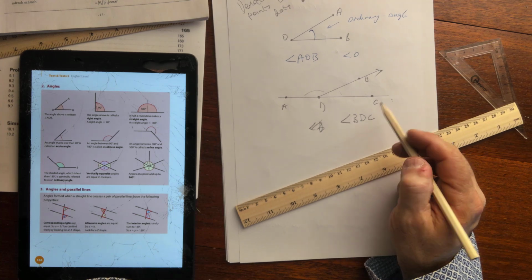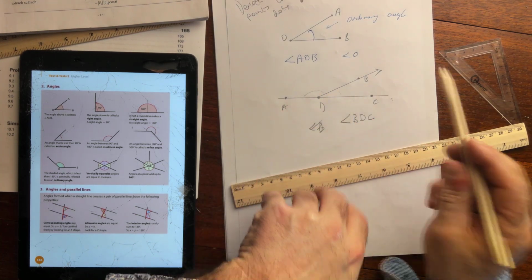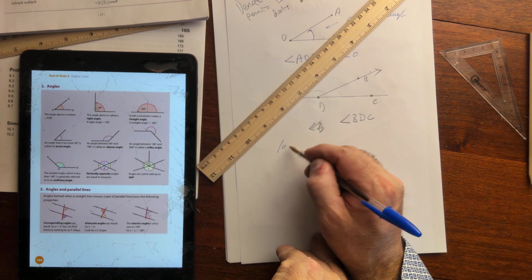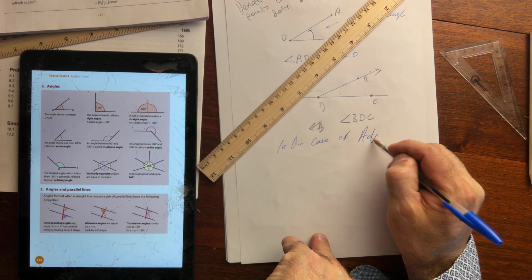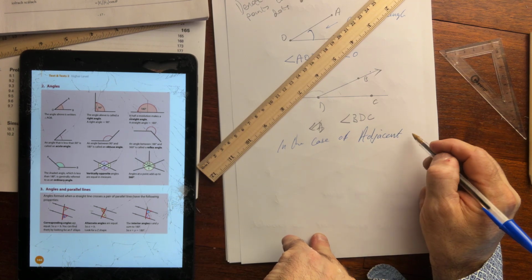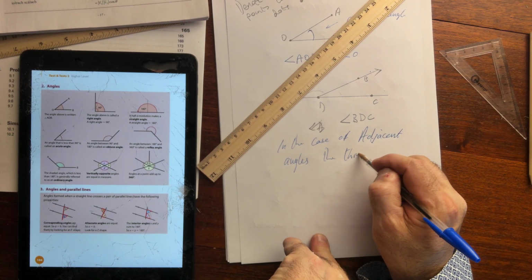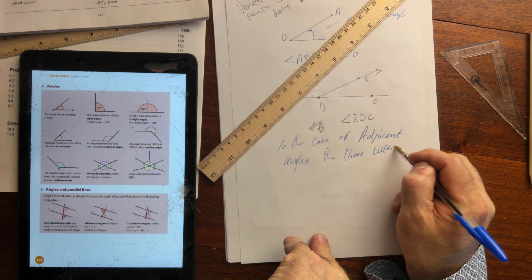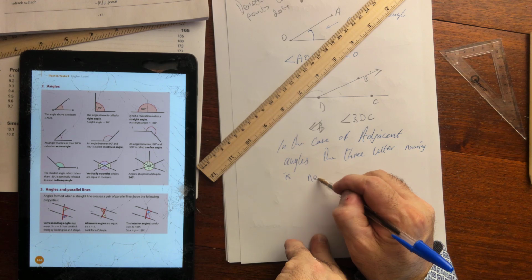So when several angles are concurrent or adjacent to each other, in the case of adjacent angles, angles that are beside each other, the 3-letter naming is needed.